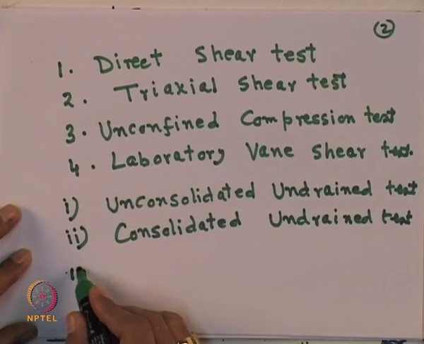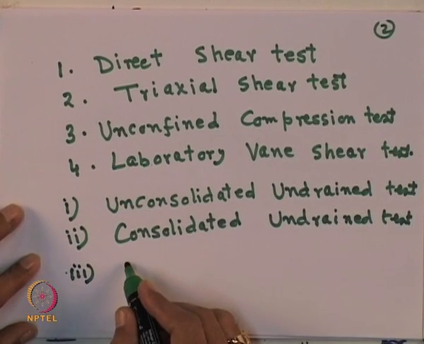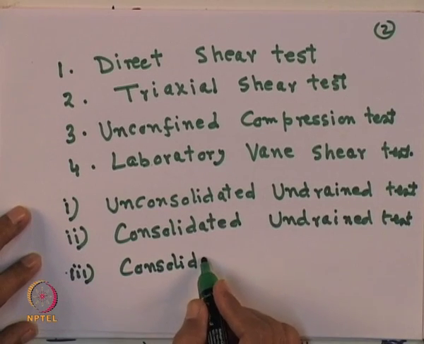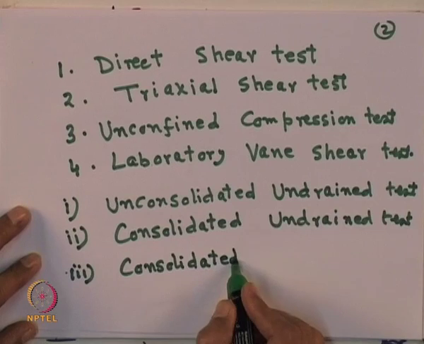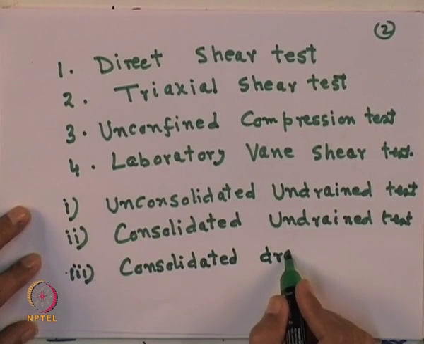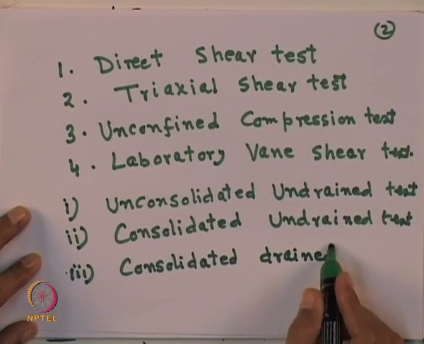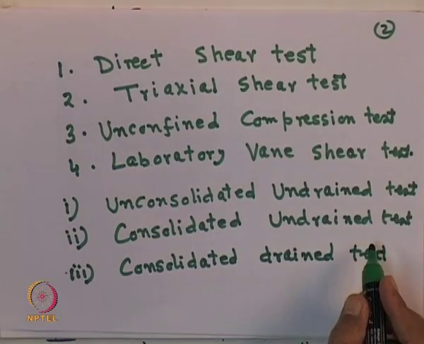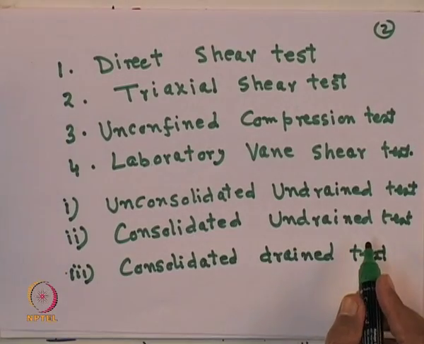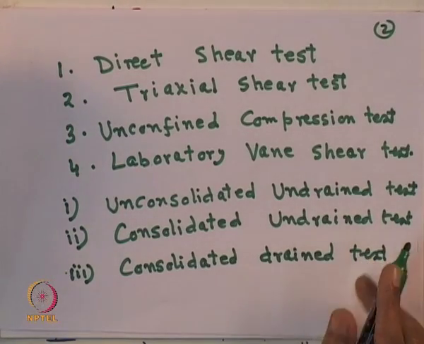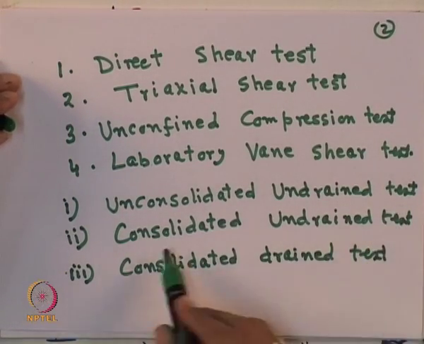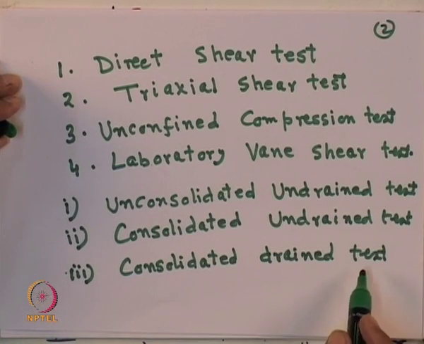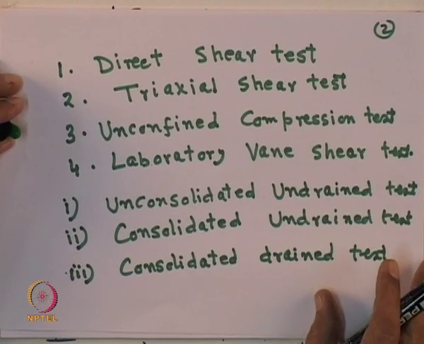And third is the consolidated drained test. So, these are the different types of tests: unconsolidated undrained, consolidated undrained, or consolidated drained.